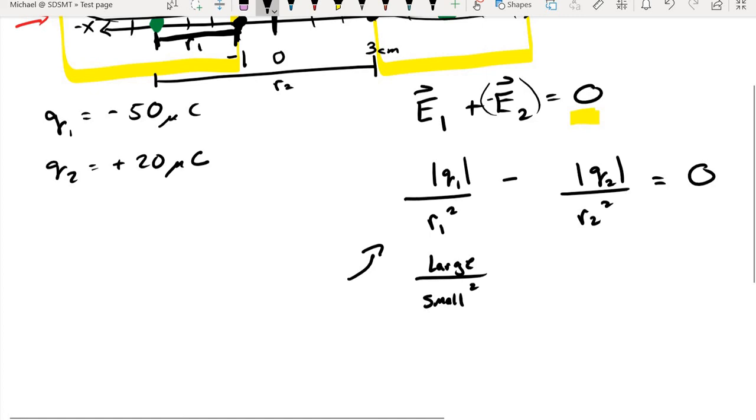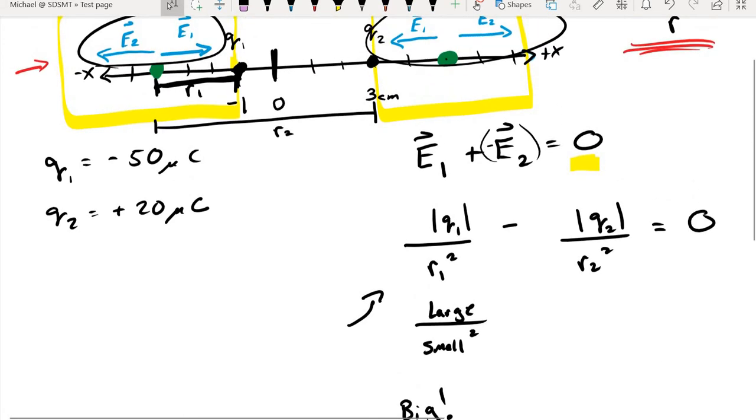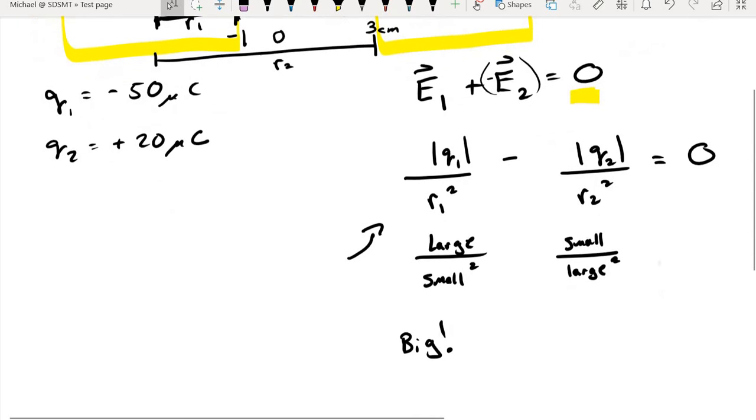So what happens when you take a large numerator and you divide it by a small denominator? Well, you get something even larger. So this first ratio for charge 1 is actually going to be producing a relatively large electric field magnitude. If we look at Q2, well, Q2 is the smaller of the two charges, and R2 is the larger of the two separation distances.